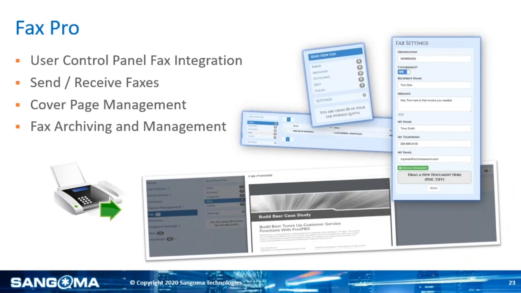Faxing Pro, so we do include the ability with FreePBX for a fax to come in and get sent to you via email. Now, if you want to send faxes, you do need the Faxing Pro module. And if you want to be able to do it from user control panel, you will need that as well. It also gives you the ability to archive and manage your faxes, as well as to manage your cover pages.